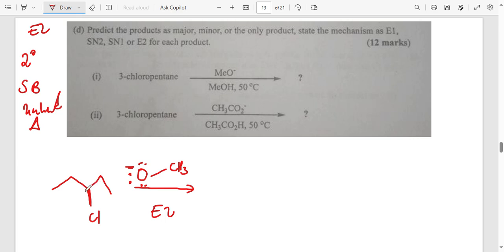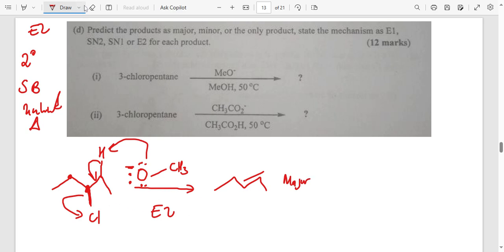Where you have your halogen, grab a proton one step away. You can grab a proton here or here, and you form the same product. When you grab this proton, you break this bond to form a double bond, and that makes the chlorine leave. So this will be the major product, and it's by E2.